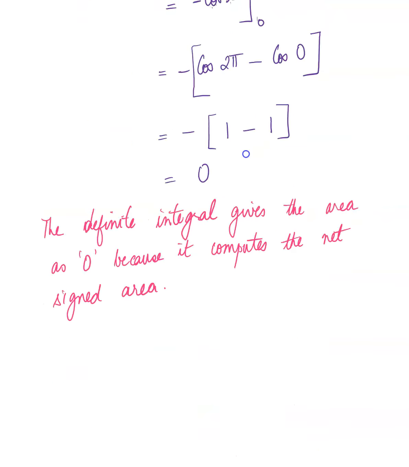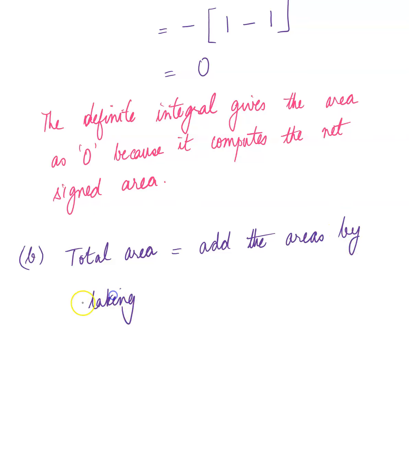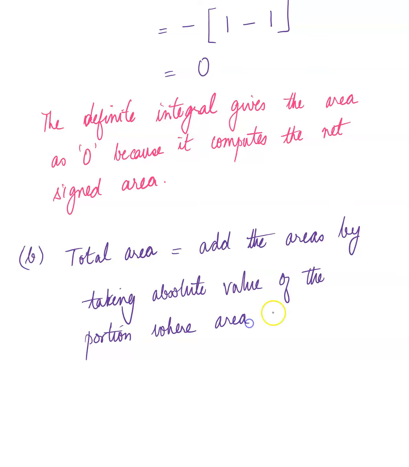Okay, so let's go to part B. Total area would be add the areas by taking the absolute value of the portion where area gets negative.